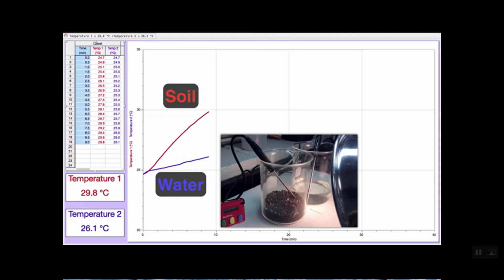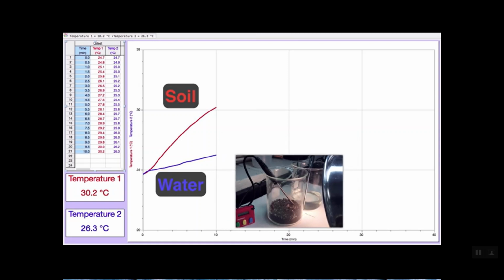Now the next question is, all right, if we turn the heat off at the top, which one will cool down faster? Will the water cool down faster, or will it hold the heat that it does have, or will the soil or earth cool down faster? And we'll see as the experiment runs. Notice on the left-hand side, the temperature is being recorded at each stage.